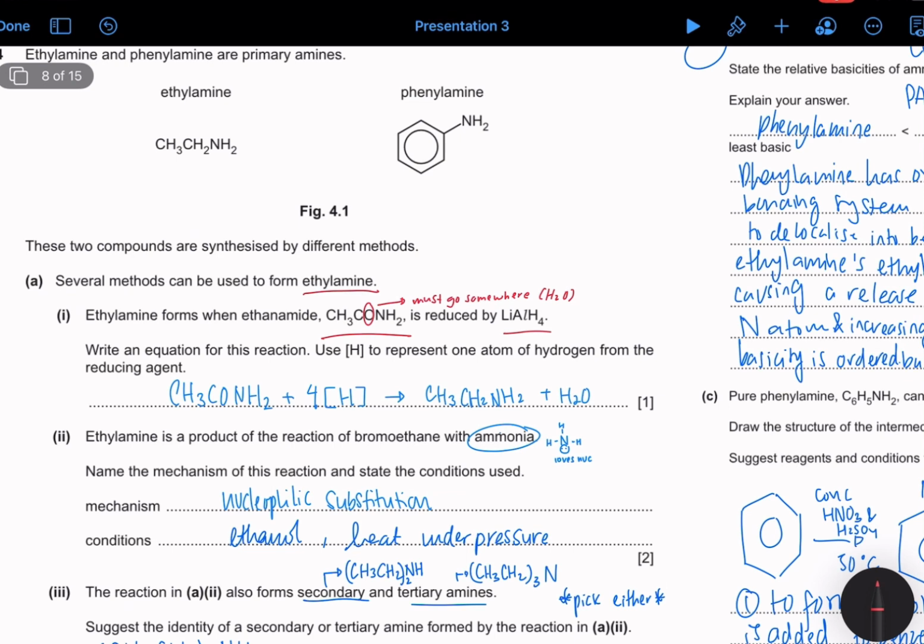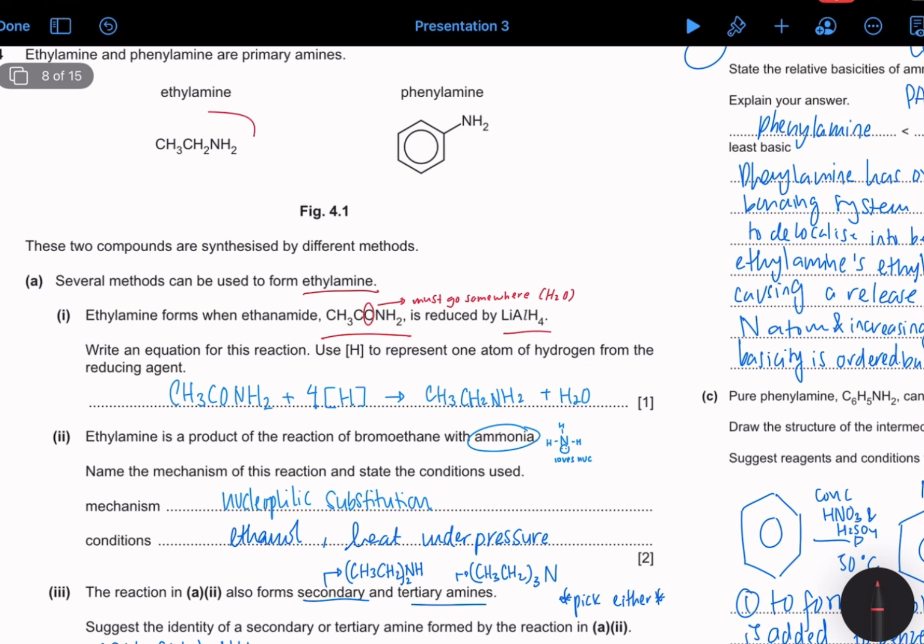Several methods can be used to form ethylamine. Ethylamine forms when ethanamide is reduced by LiAlH4. Write an equation for this reaction and use H to represent one atom of hydrogen from the reducing agent.